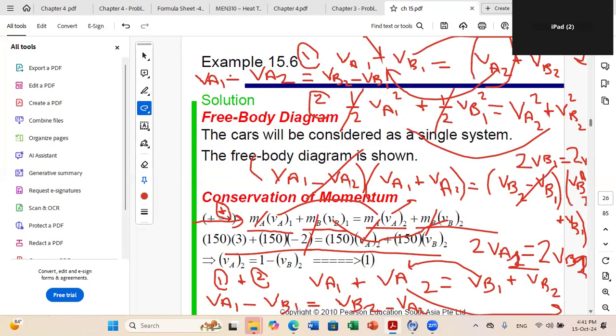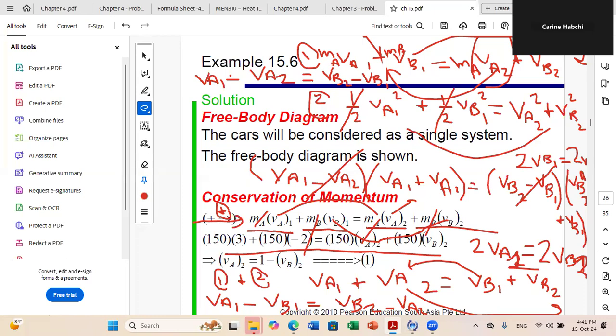But if we have different masses, we can also have a simplified form, for an elastic collision. If you have different masses with elastic, what will happen? Your equations will be MA VA1 plus MB VB1 equals MA VA2 plus MB VB2.